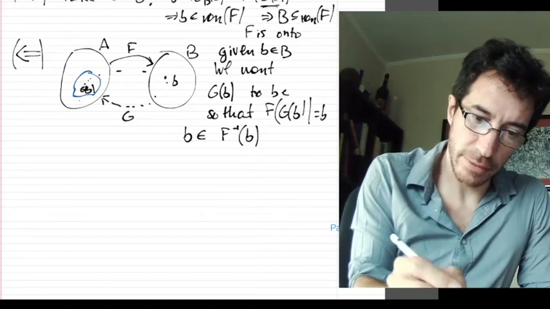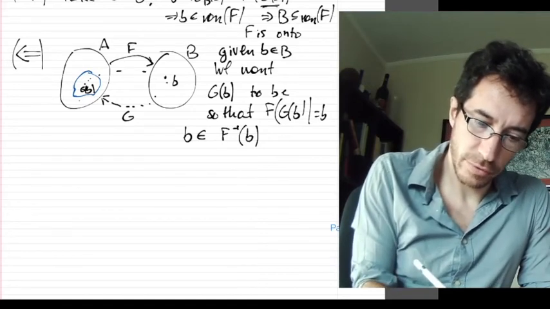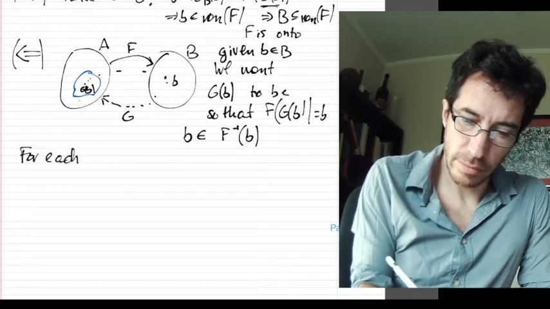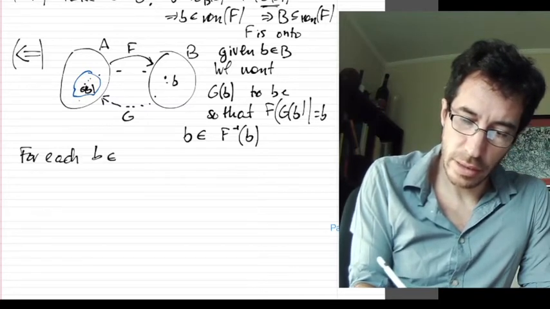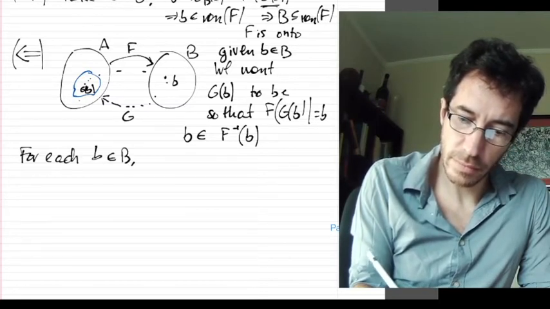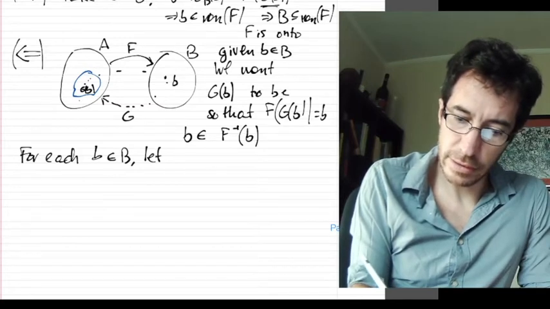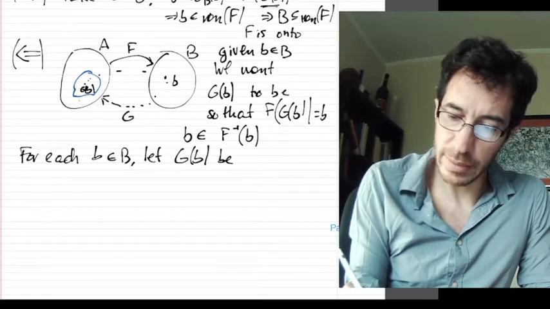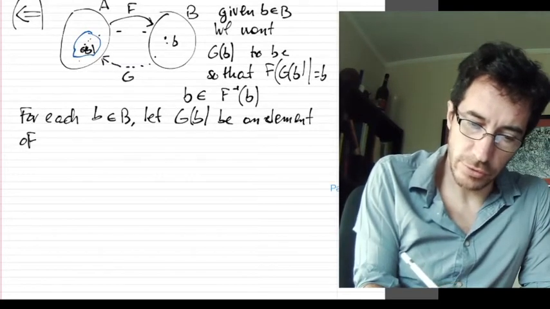So we will say, for each b in B, let g of b be an element of f inverse of b.